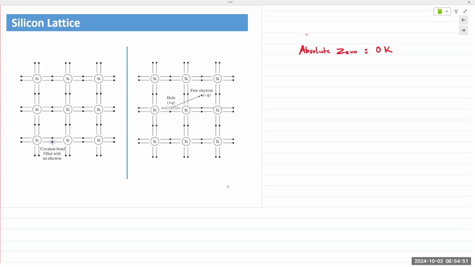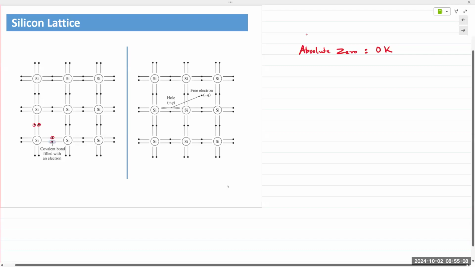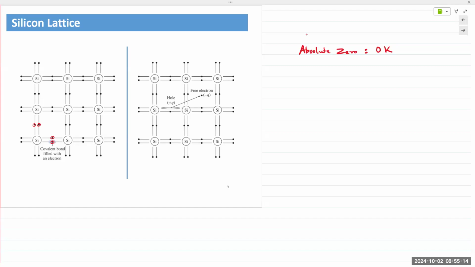Absolute 0, minus 273 degrees. Once it heats up, that's thermal energy acquired by the electrons to break free from their covalent bonds. Typically, all of these dots that you see here are shared electrons, and each of these electrons is filling a spot in the crystal lattice.